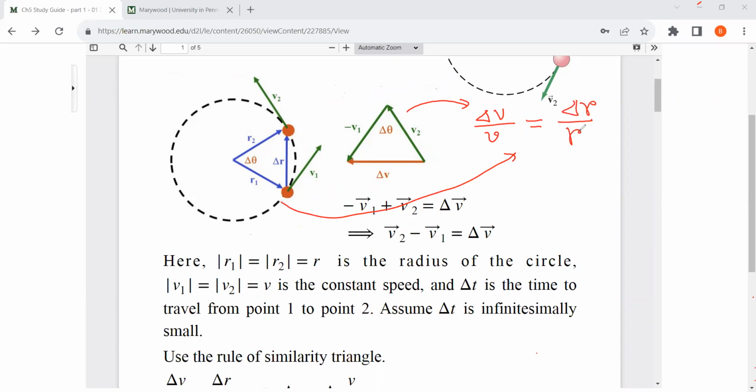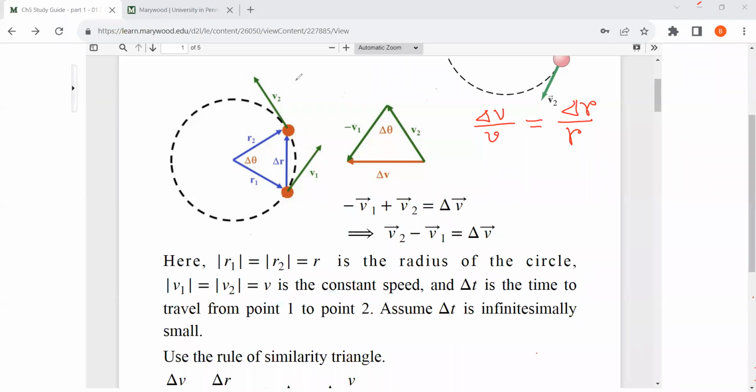Here v is the speed and r is the radius. This is basically from geometry. When we have two similar triangles, we can write something like this. If we understand this, the next step is easy.